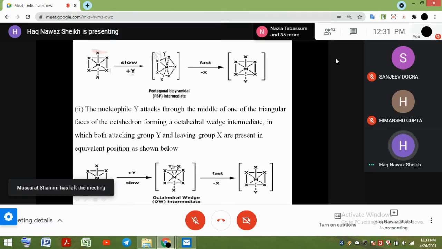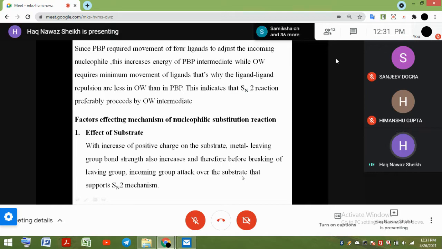This type of situation is there, in which both the attacking group as well as the leaving group are present in equivalent positions as shown below. This is having lower energy than the pentagonal bipyramidal. Then the X is removed in a fast step and regenerates the six-coordinate complex.